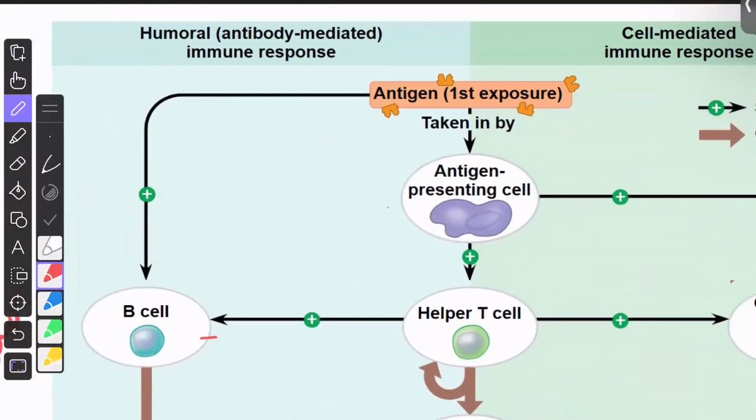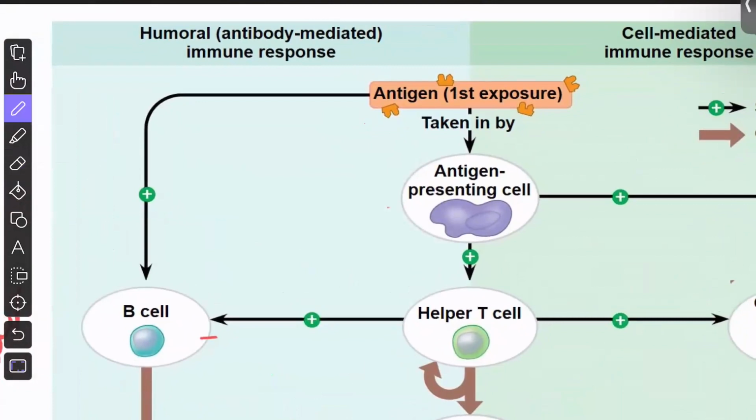Humoral, my antigen exposure. So my antigen shows up. What am I dealing with? What's happening? It's going to stimulate the B cell, right? It's going to directly stimulate the B cell. All right.